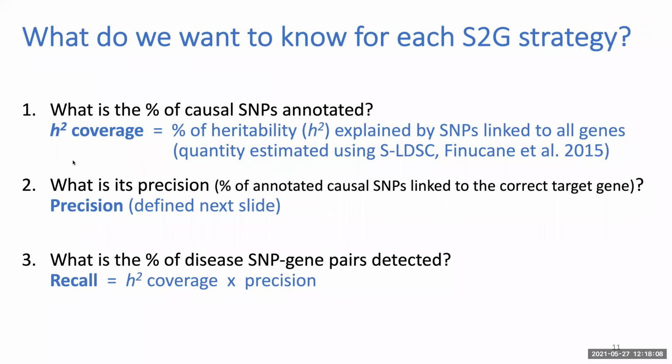In this case, there are 3 different metrics we want to maximize. The first one is related to the fraction of causal SNPs that are annotated. We want strategies that annotate a lot of causal SNPs. This can be estimated by something I call the heritability coverage, which is the fraction of heritability explained by SNPs linked to all genes.